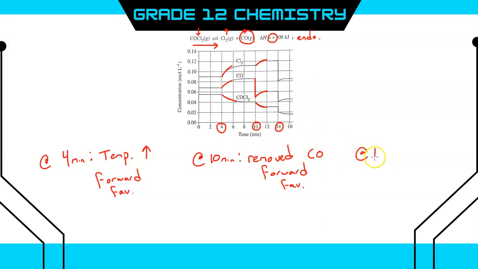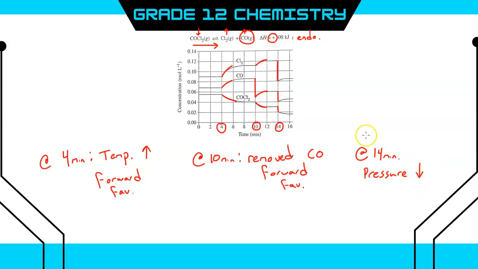Last one, at 14 minutes. What happens at 14 minutes? We get a drop in the concentrations of everything. So something happened with pressure. Because everything dropped, volume must have increased. If we increase volume, we lowered the pressure.